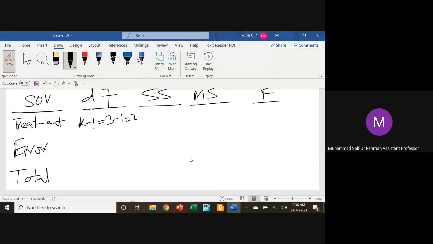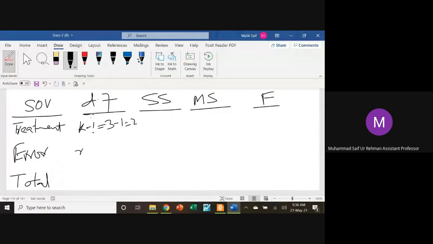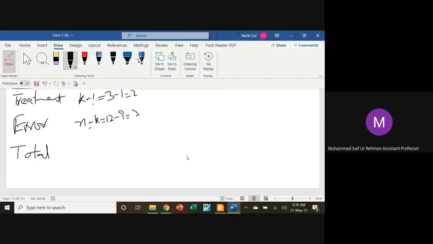It will be N minus K. N is 12, 12 minus K means 9, 12 minus 9 is equal to 3. And the total degree of freedom will be N minus 1, so 12 minus 1 is 11.